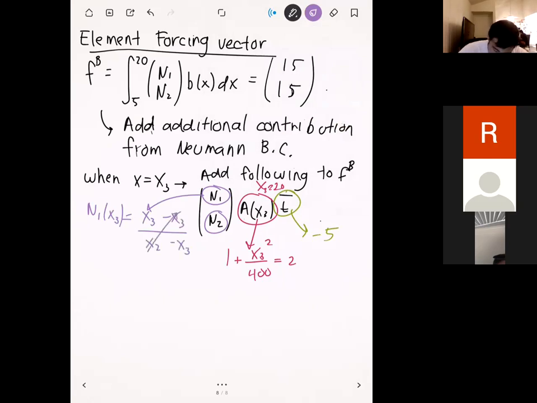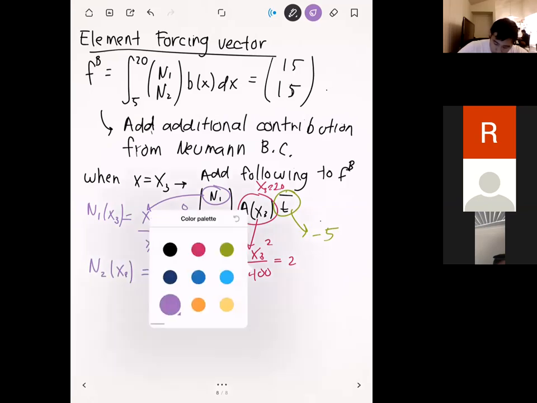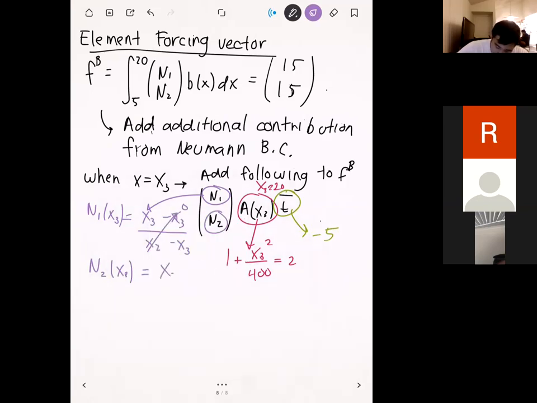And so this is actually going to be 0. And so N2 at X3 is going to be X2 minus X3 all over X2 minus X3. And so this is going to be 1.